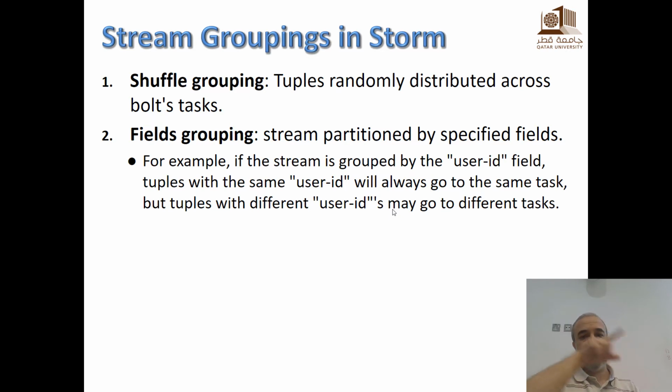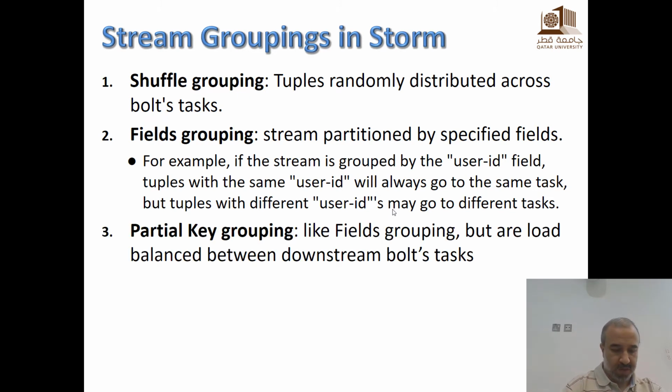So for the first link, we should specify shuffle grouping because we don't care which will go to which. And the second should be fields grouping using the word field, because we need all the counts for each word to go to the same task. Okay, any question on this?